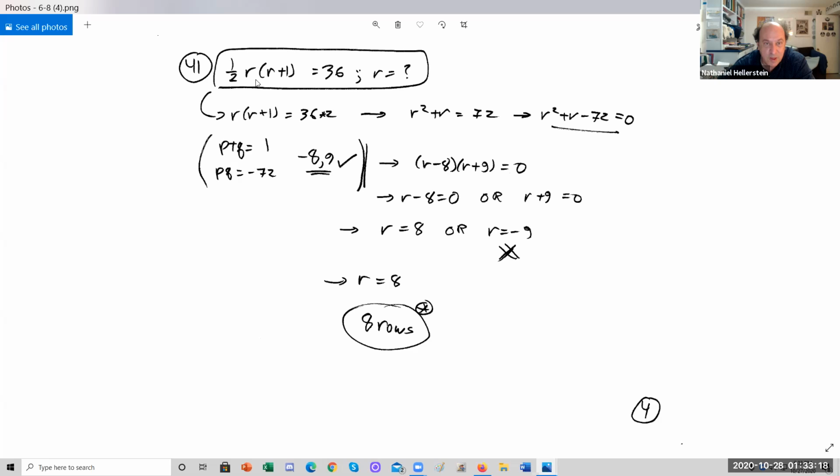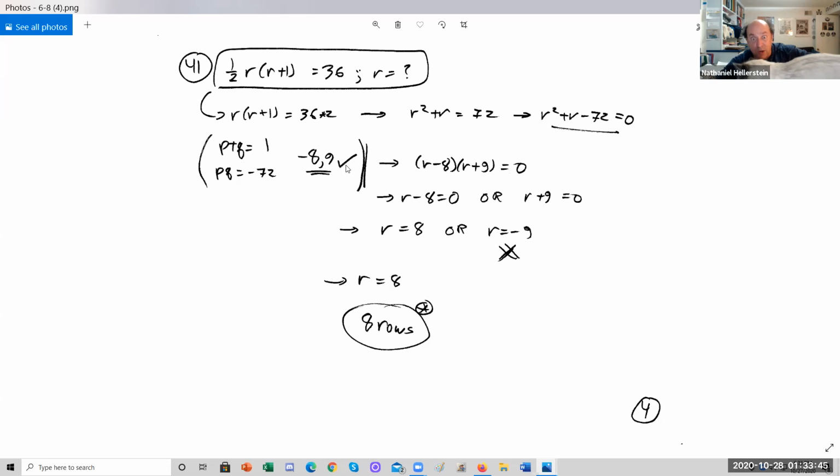To solve this, first we transpose the 2. r times r plus 1 equals 36 times 2. Let's distribute, you get r squared plus r equals 72. So r squared plus r minus 72 equals 0. We need numbers p and q whose sum is the coefficient of r, which is 1, and whose product is negative 72.